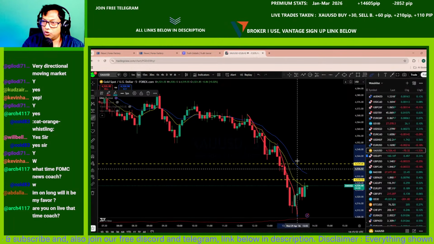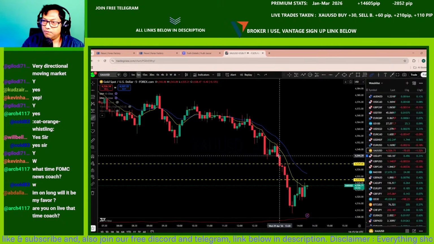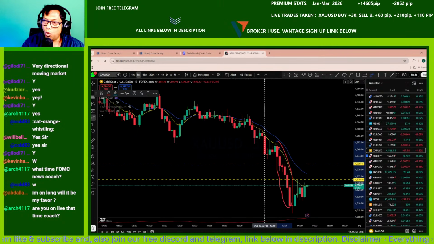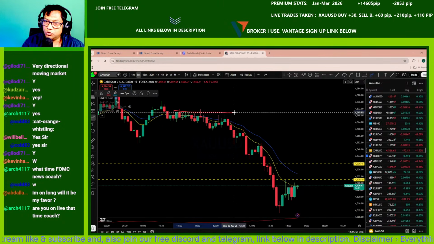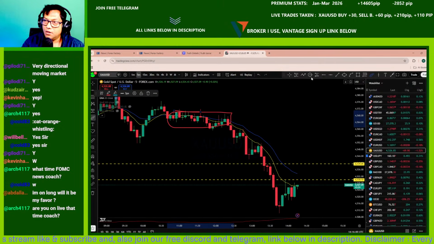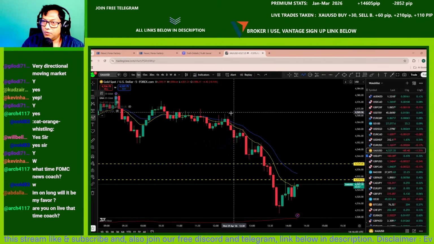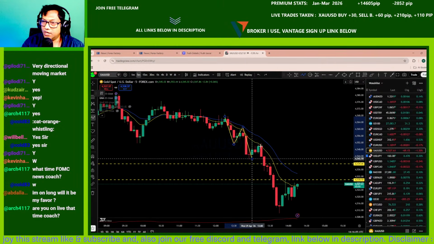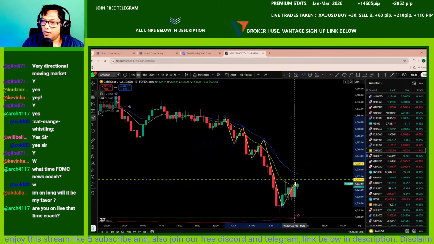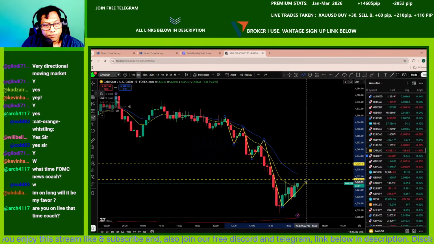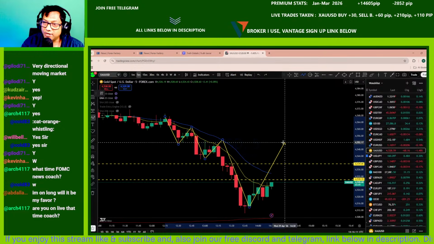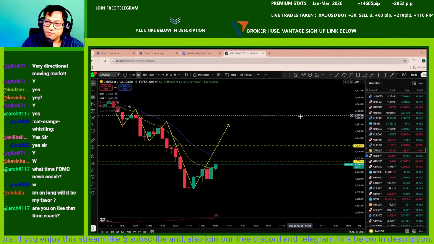Big drop, big drop. So this is the biggest. All right. So if you look at the Elliott wave, you see that after this consolidation, the wave 1, first wave, second wave, third wave, right? Now, according to Elliott wave, this move can go back to break this high, right?